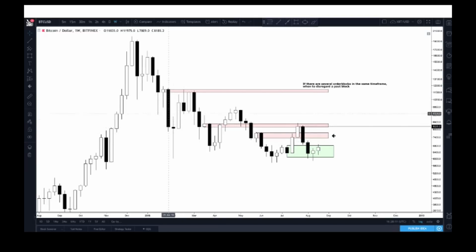What happens? Price comes off the lows, rallies up toward these highs, hits the order block perfectly, and gets rejected all the way down for a nasty 45% move. So this order block is very significant. Done deal for that one.